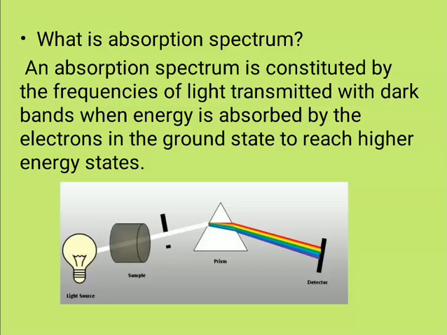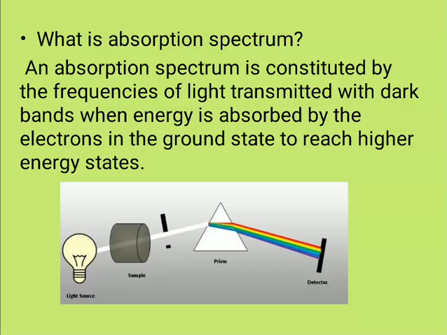For example, let us talk about the absorption spectrum of sodium chloride. When light is allowed to pass through the sodium chloride solution taken in a tube, and the transmitted light is passed through a prism and the spectrum is recorded, that spectrum will consist of an otherwise continuous spectrum having two dark lines.